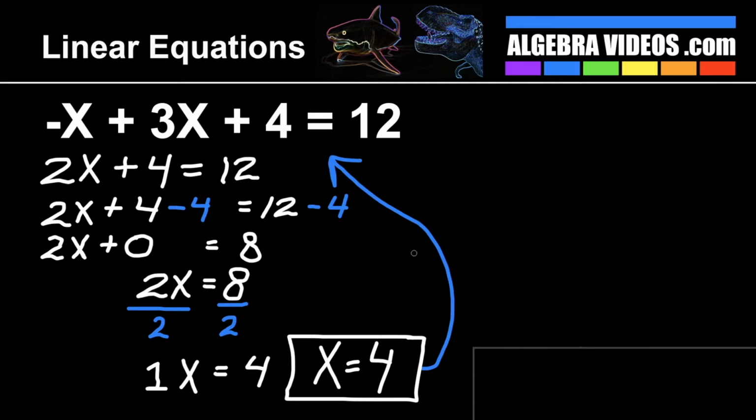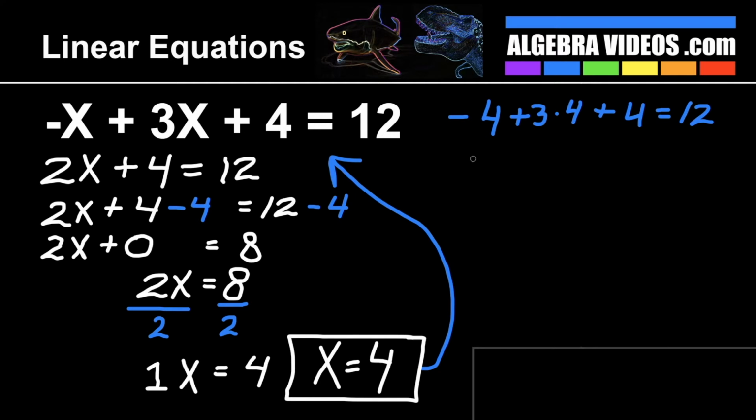So let's try that. Wherever there's an x, we're going to plug in the number 4. So we're going to start out with negative, and then we plug in x, right? Whatever it is, 4, right? Plus 3x, so it's going to be 3 times 4, because we're plugging in a 4 wherever there's an x, plus 4 equals 12.